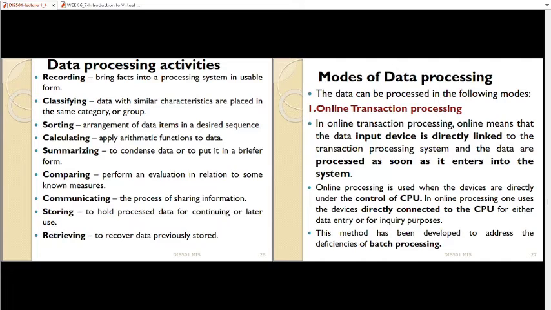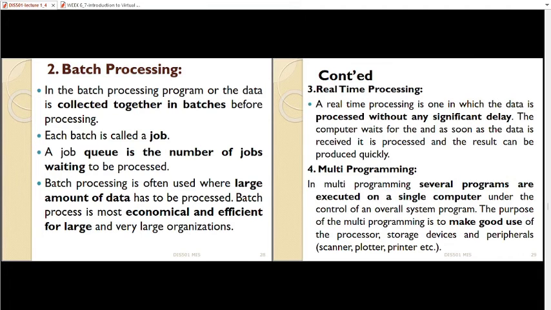So if you have a way to capture this information, and as you are capturing it you are processing it, compare that to a situation where you send data clerks out in the field, they collect information, note it down, and later come and process it. That will not be online. Online is where it is directly connected, and as the data trickles in, it is processed instantly.